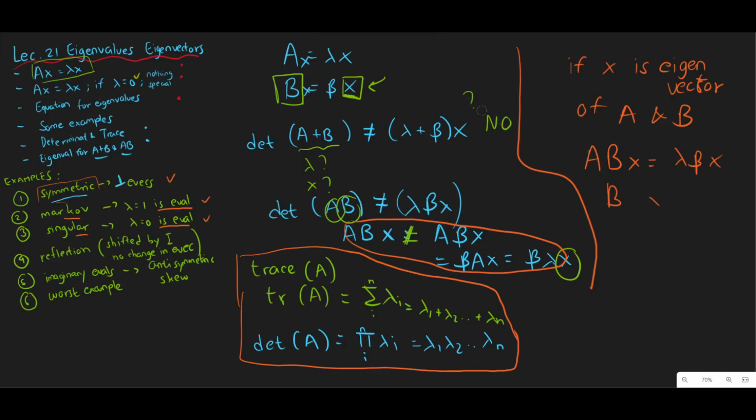B times A times the eigenvector equals this as well. So when all the eigenvectors are shared, then we can multiply the eigenvalues.